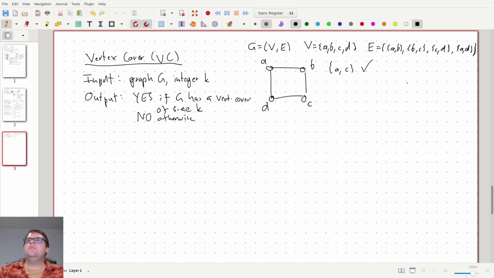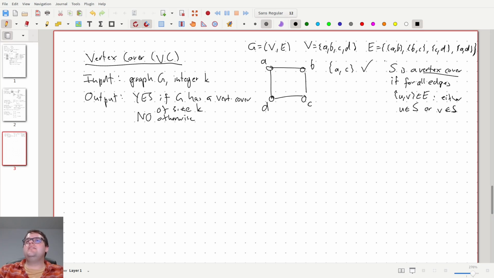So a set S is a vertex cover if for all edges UV in E, we have that either U is a member of S, so is in the vertex cover, or V is in the vertex cover.